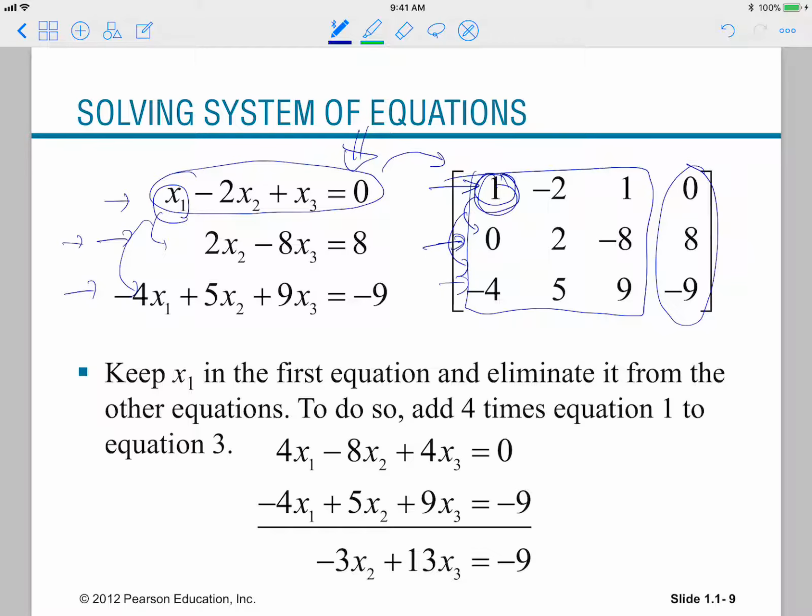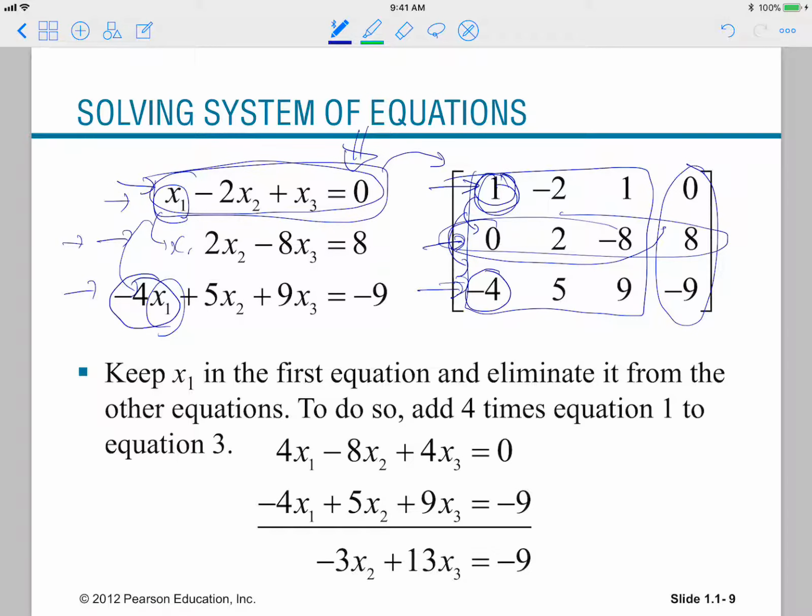So in the second equation, it doesn't have x1 at all, so we don't need to remove anything from this second equation. But in the third case, it contains -4 times x1. So this is the part that we want to remove by using our eraser, which is our first equation. Okay, and how to do it is by following this 가감법.